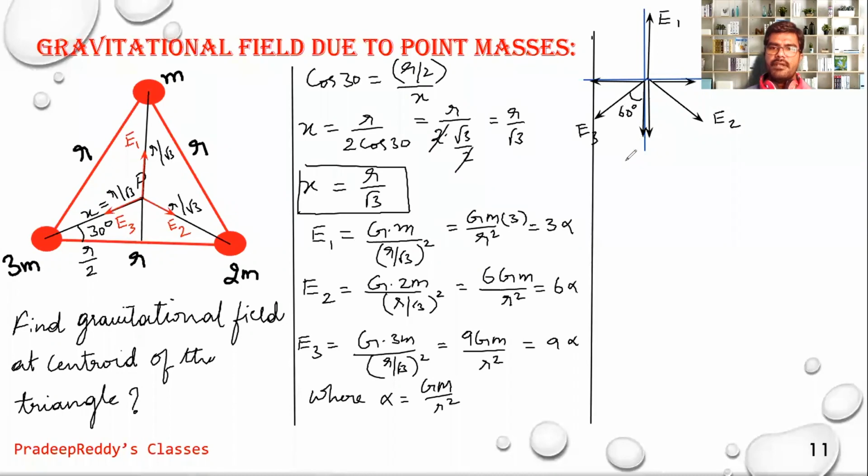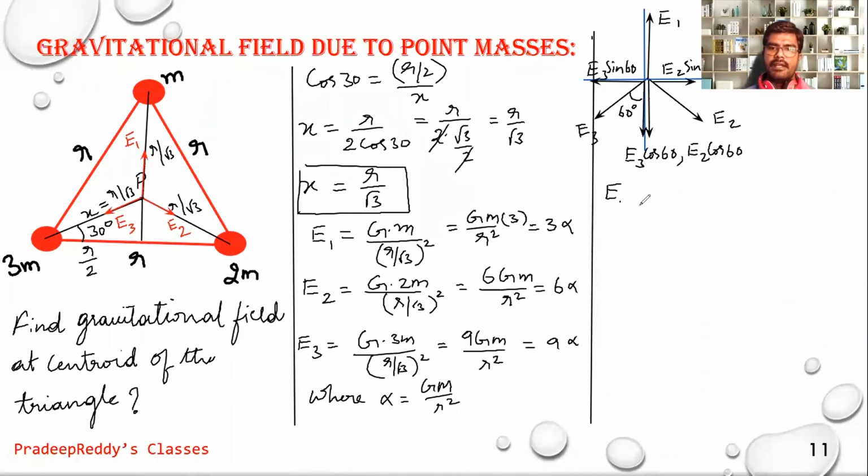It is E3 cos 60 and E2 cos 60. Likewise, here it is E3 sin 60 and this is E2 sin 60. Right? And E1 is upward. You can just write down along x-axis.